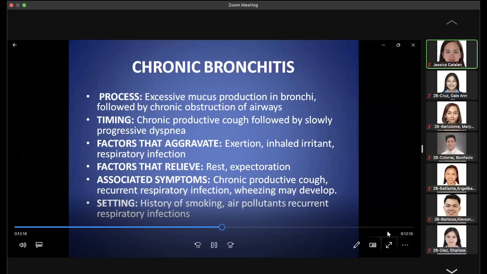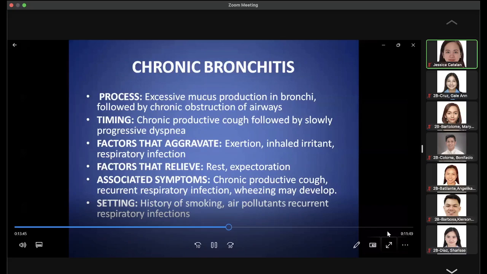Factors that aggravate are exertion and inhaled irritants, so if you are exposed to an irritant, and a history or current respiratory infection. Factors that relieve are rest and expectoration, so if a patient was able to cough out the phlegm.